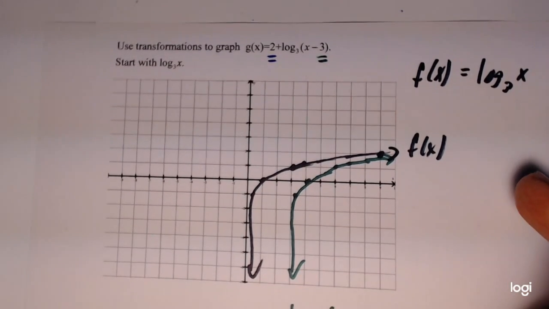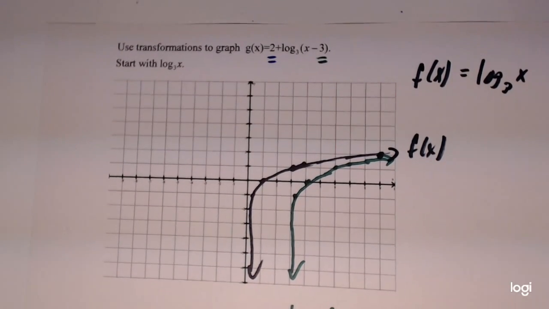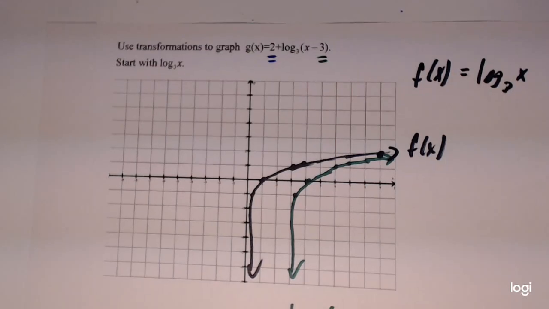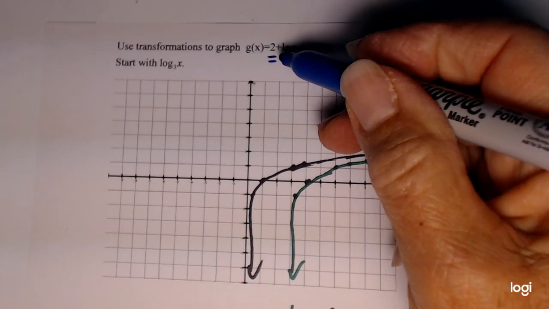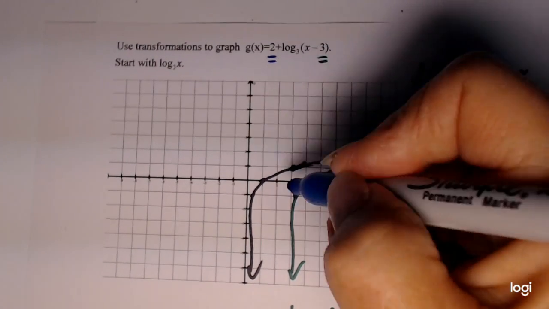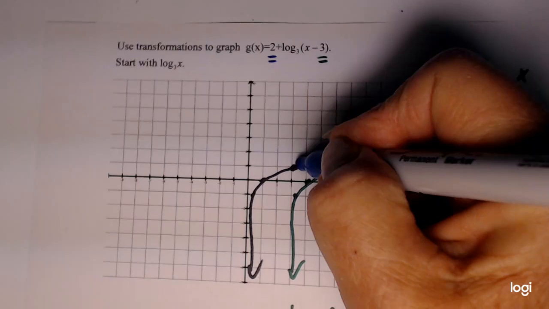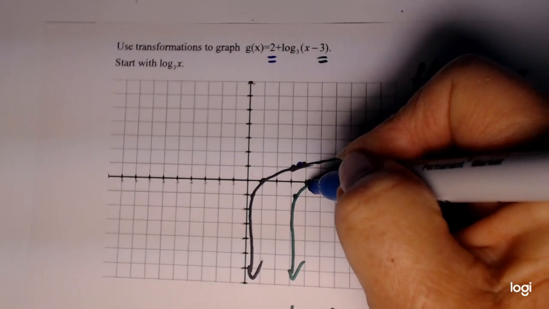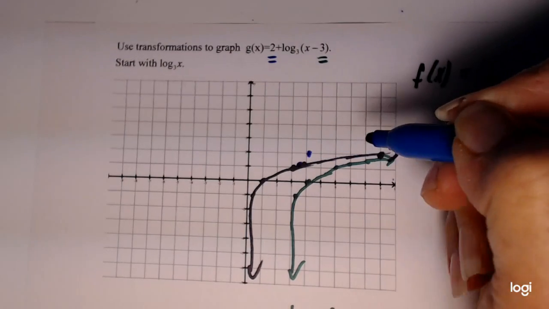We're not done, but we've done the horizontal. Now, let's take a look at the implications of the vertical change. So we're going to go up 2, plus 2. So this point here goes up 2, it's there now. This point here goes up 2, it's there, and you can hardly see that one.